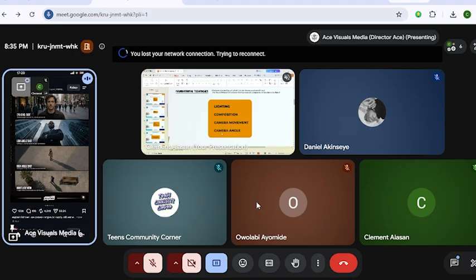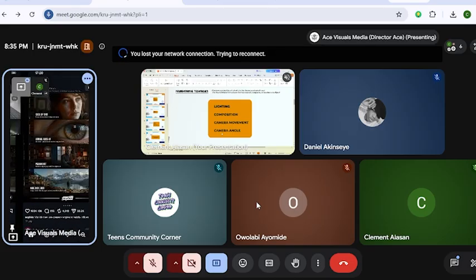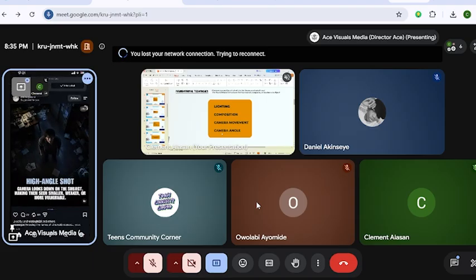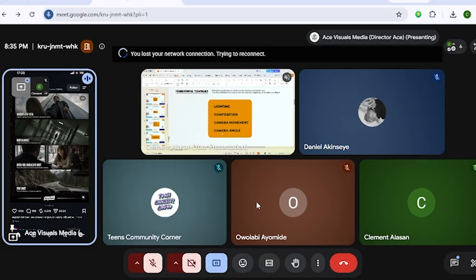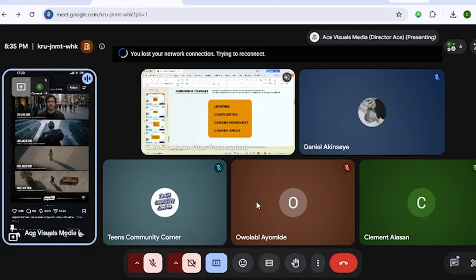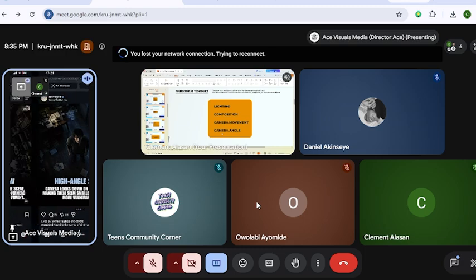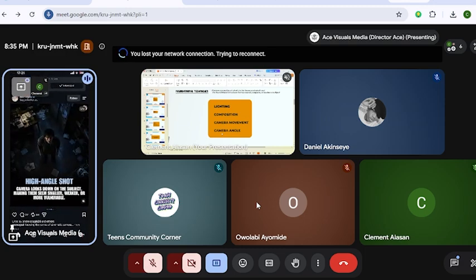And then we have the high angle shot. The one they use for high angle shot here is almost bird eye. Let me see if I can find a proper high angle shot. This is a high angle shot, someone up looking down.